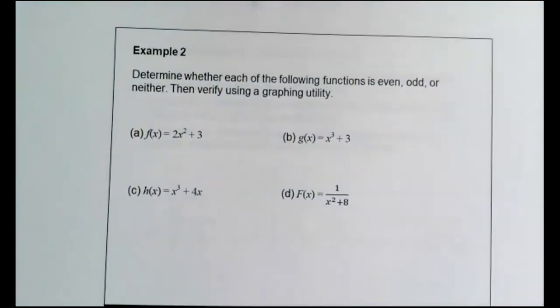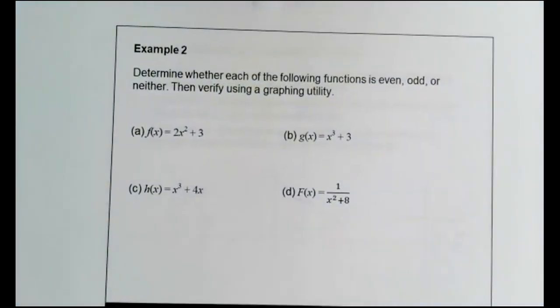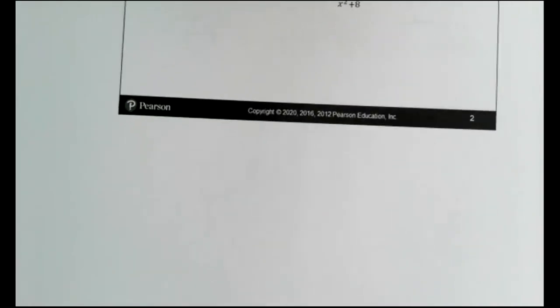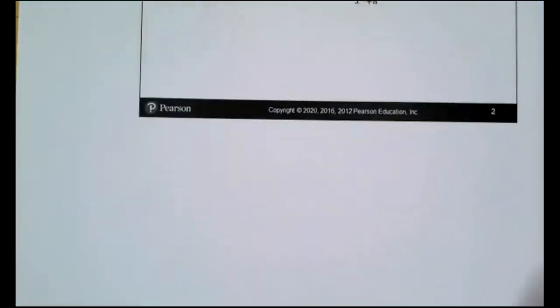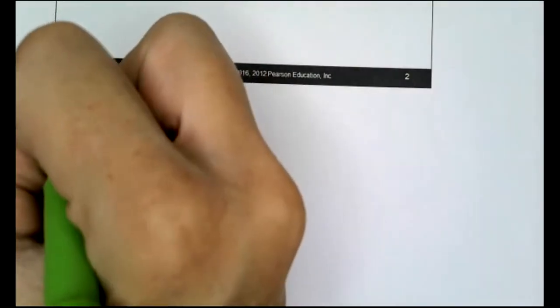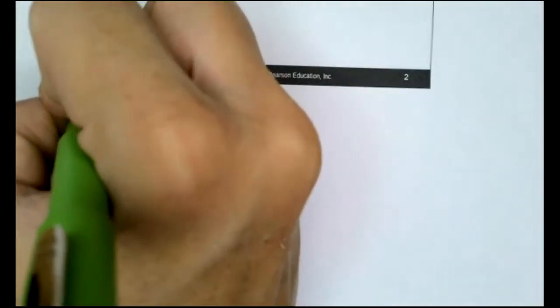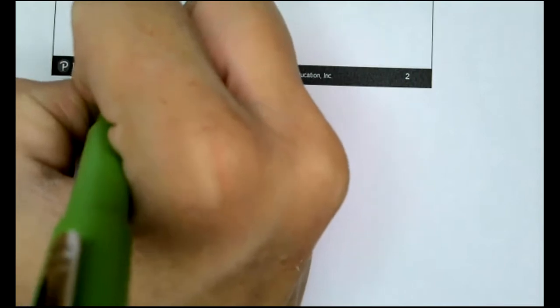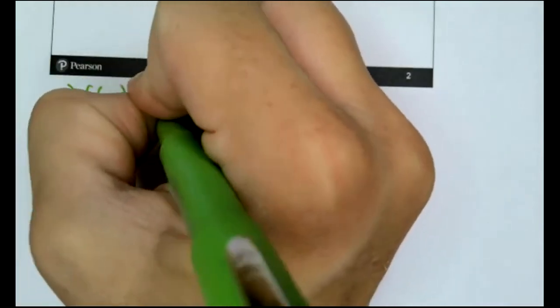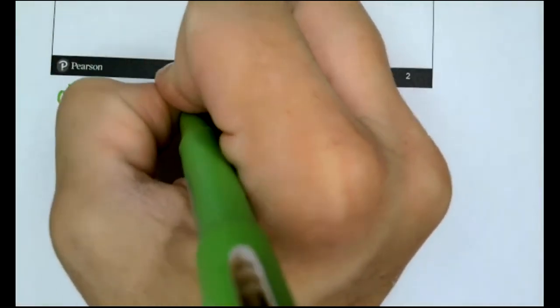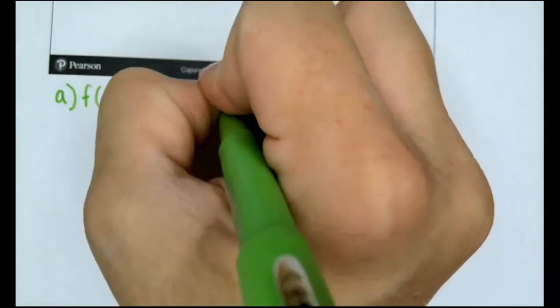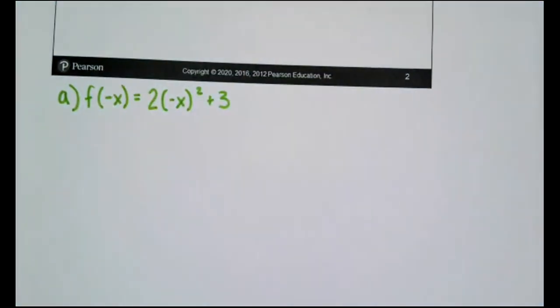Letter A, and let's put them down. Letter A, f of negative x equals 2. Instead of x, I'm writing negative x squared plus 3. Okay, and we're just going to simplify this.